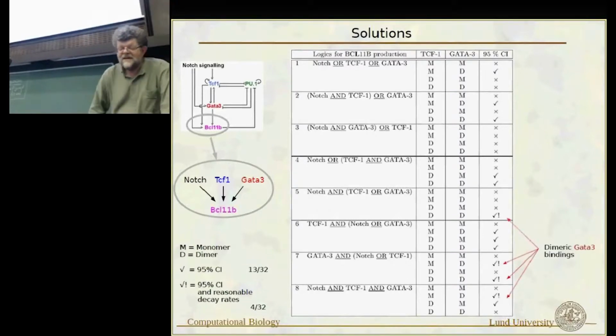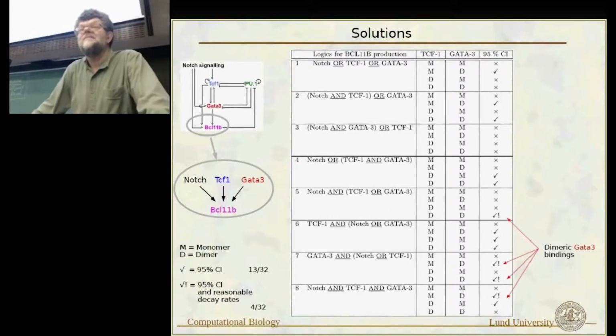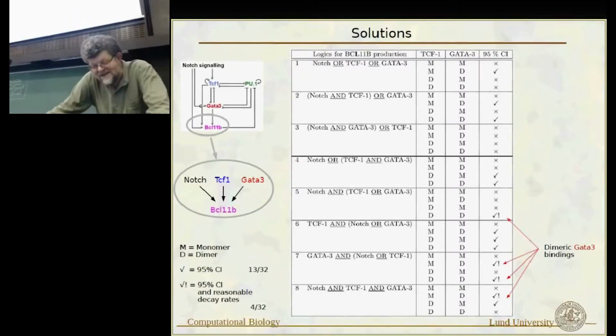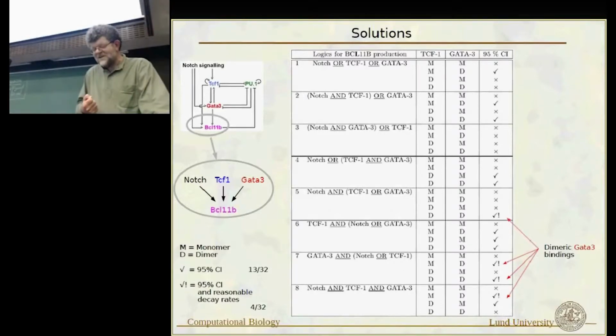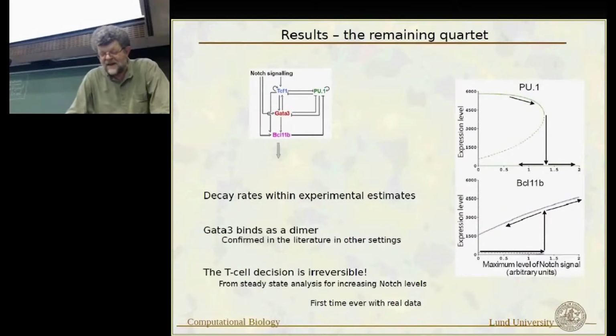Now, interesting thing is that all these 4 solutions that survive have GATA3 as a dimeric binding. Okay. And at least, it's not a prediction in the world literature, but it's a prediction in my office, because I didn't know that before. And neither did my experimental colleagues.